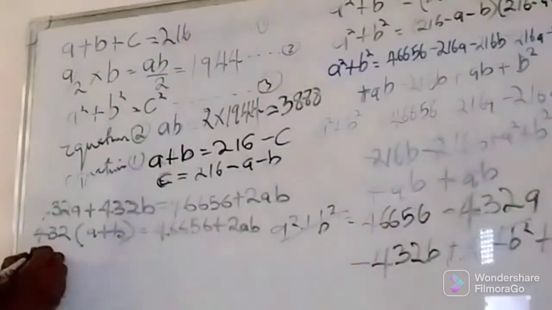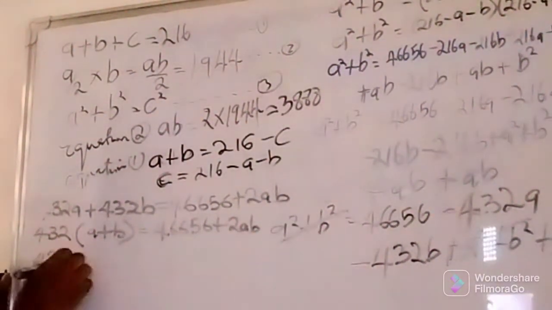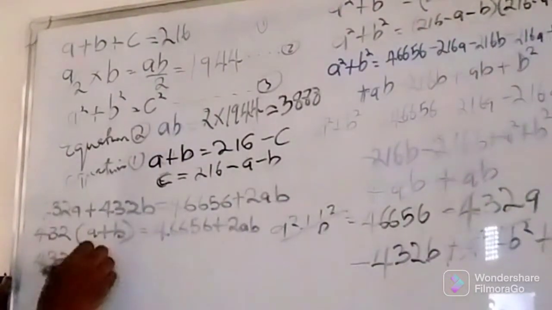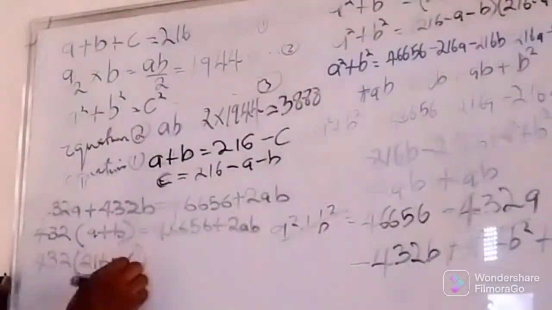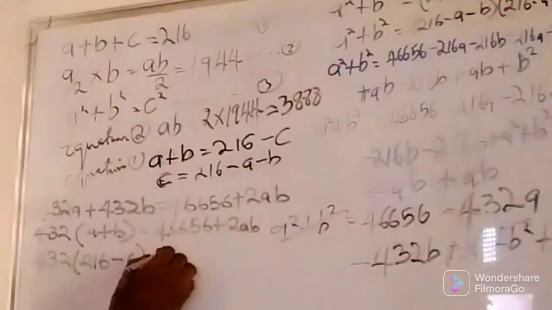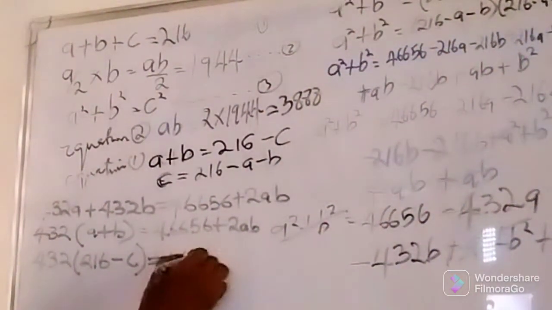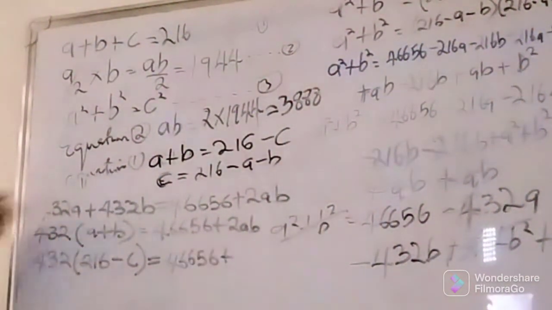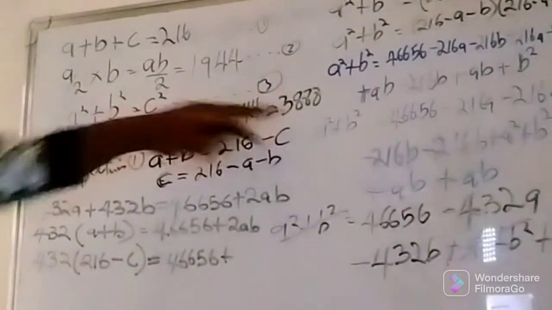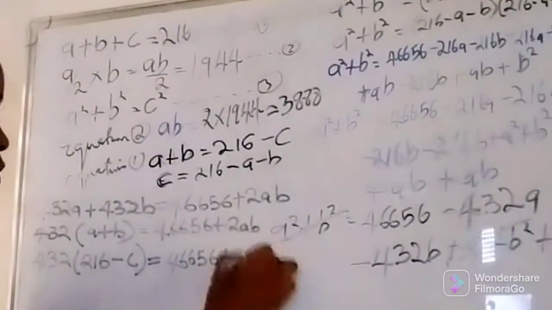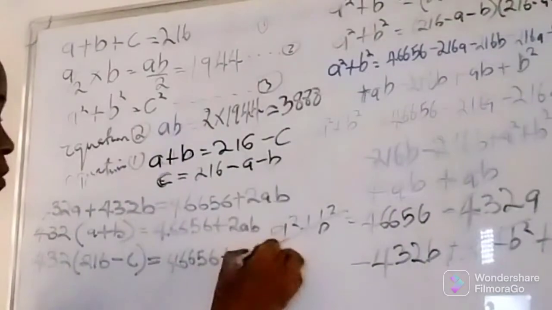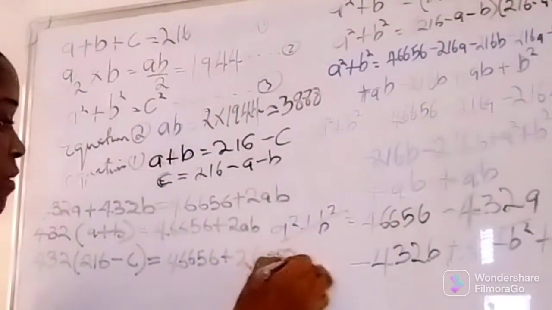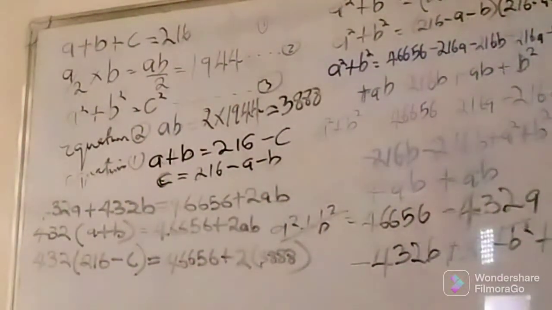So we'll have 432 times 216 minus c equal to 46656 plus 2 times 388. We know what our ab is. Looking beautiful.